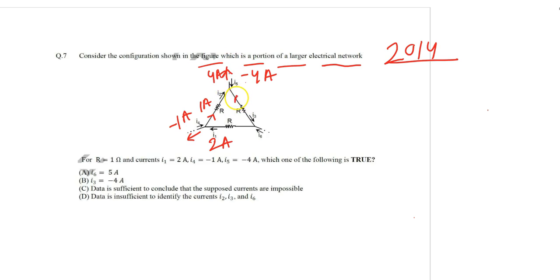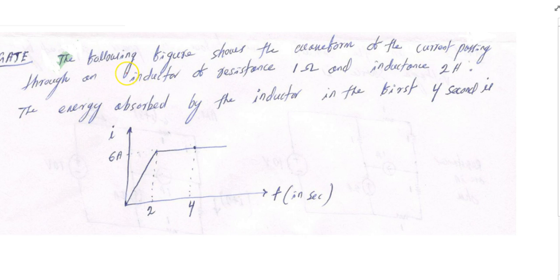So this current is your 3 ampere. That means your I3 is equal to minus 3 ampere. So this is your 2 ampere and this is your 3 ampere. So I6 will be 3 plus 2, which is 5 ampere. Option A is correct.